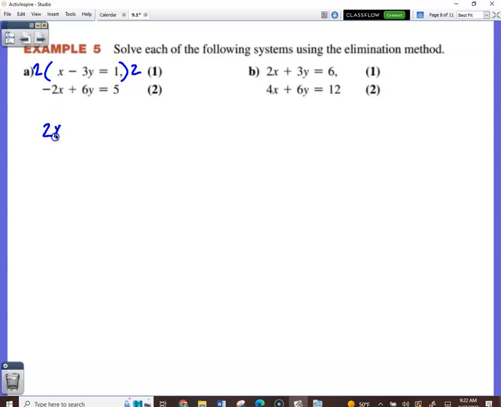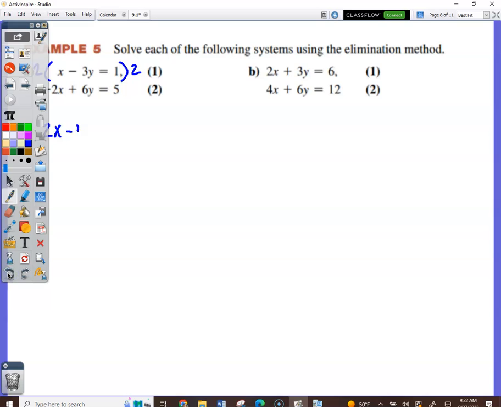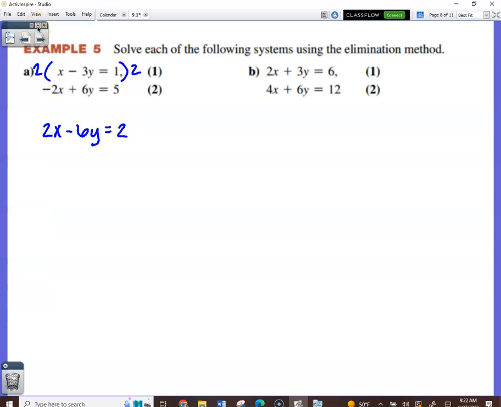We would get 2x minus 6y equals 2. This is the bottom equation, right? This was equation 1, this was equation 2. What do you notice happens? Look at that. And you end up with 0 equals 7.